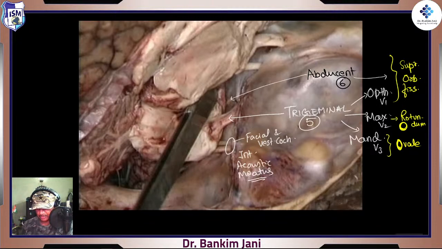And this internal acoustic meatus is in that petrous temporal, so they will be passing through that bony, rocky area, while these others are going via very fine areas. Trigeminal, though, enjoys super luxury. So facial and vestibulocochlear, number 7 and number 8, are going via this rocky area, internal acoustic meatus, petrous temporal, while trigeminal and abducent go like this. Okay.